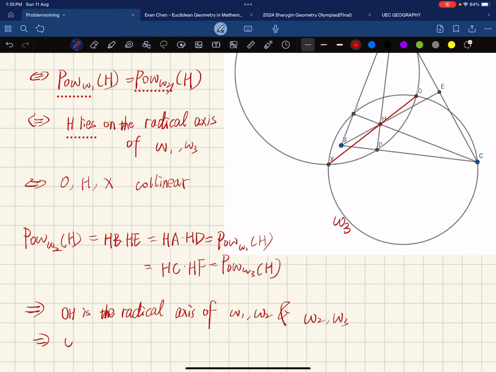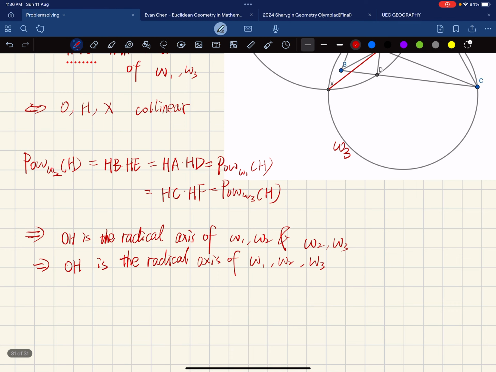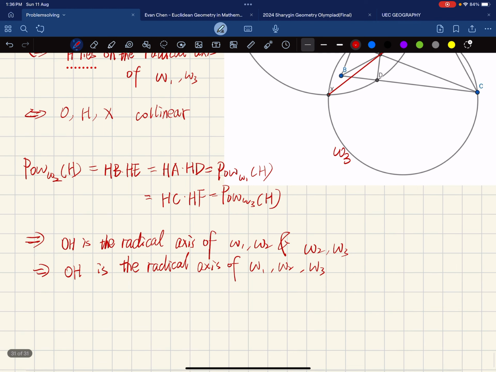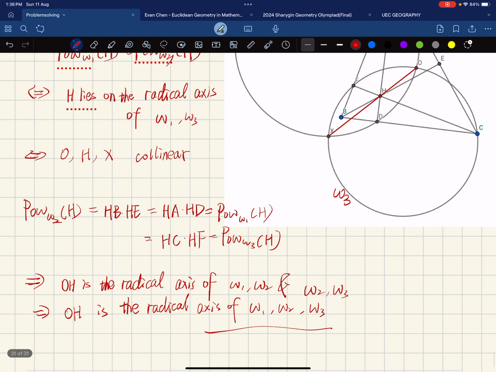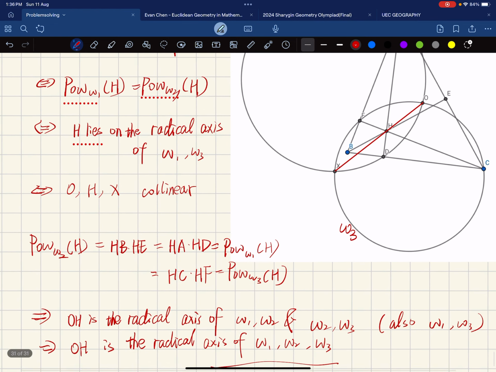And this shows that OH is the radical axis of omega 1, omega 2, and omega 3. That is very easy to find, because when we get this conclusion, we also have omega 1 and omega 3.